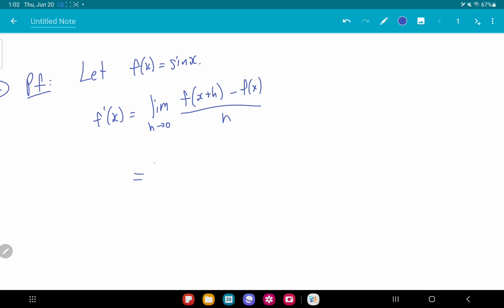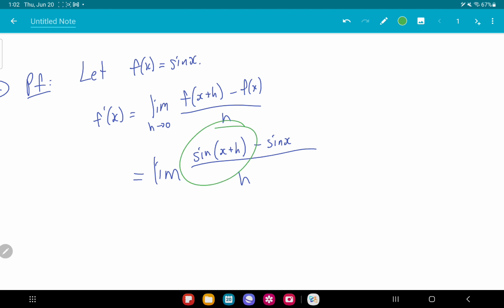So in our case, f is sine, so we get sine of x plus h minus sine of x all divided by h. Then we're a bit stuck, aren't we?